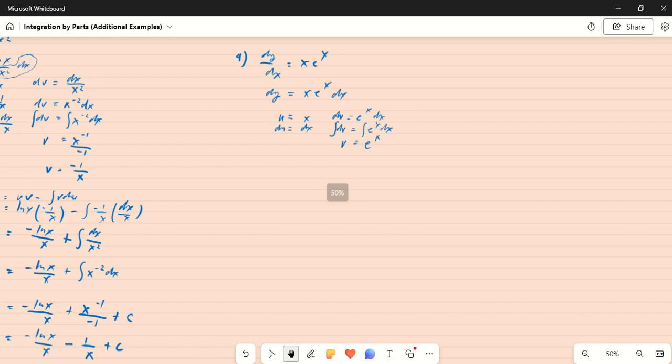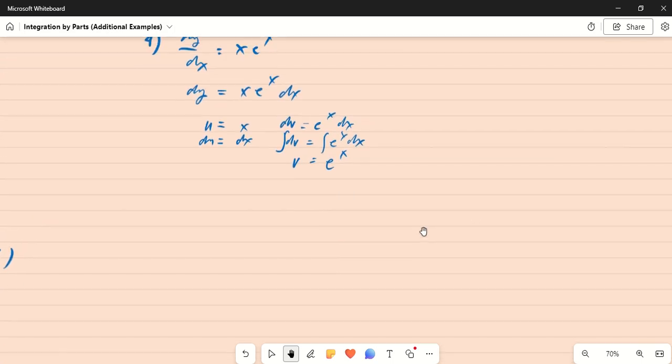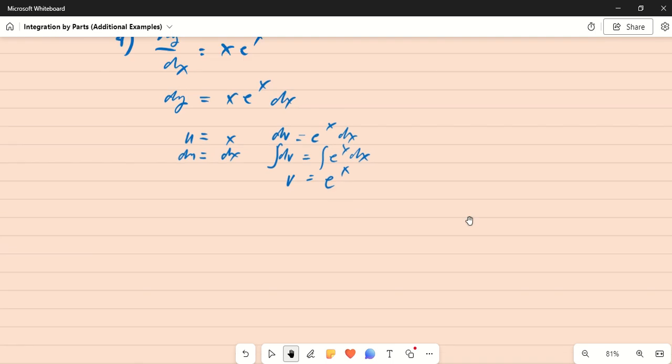Okay, so therefore our solution will now then be equal to, of course, you have your integral of dy, and then here we apply the integration by parts formula, uv first. So x e raised to x minus the integral of v du, where v is e raised to x, and our du is, here you have dx.